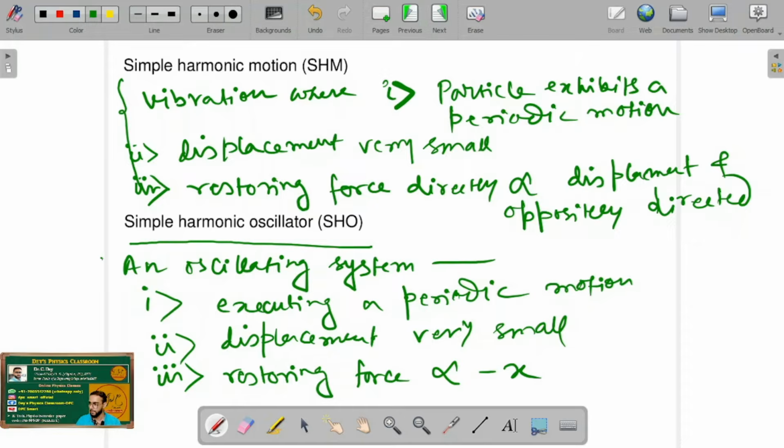So if an oscillating system exhibits these three properties, or exhibits simple harmonic motion, then that system is called a simple harmonic oscillator.